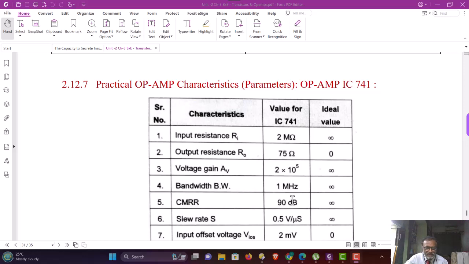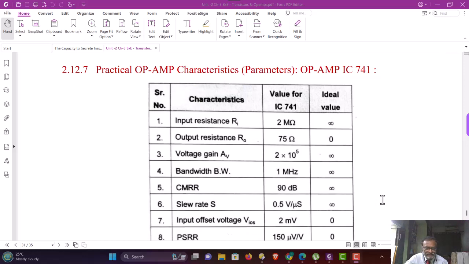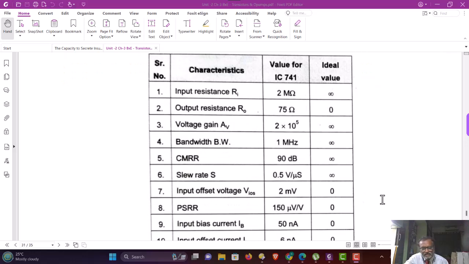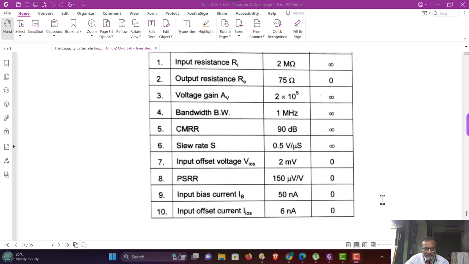Common mode rejection ratio is 90 dB. The slew rate denoted by S is 0.5 volts per microsecond. Input offset voltage VIOS is 2 millivolt. Power supply rejection ratio is 150 microvolt per volt. The input bias current IB is 50 nanoampere and input offset current is 6 nanoampere.